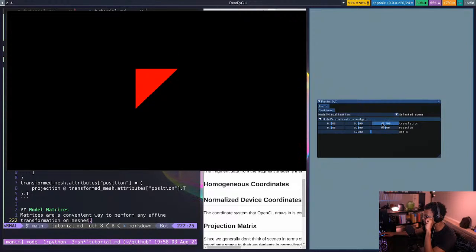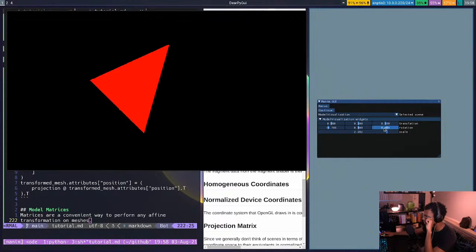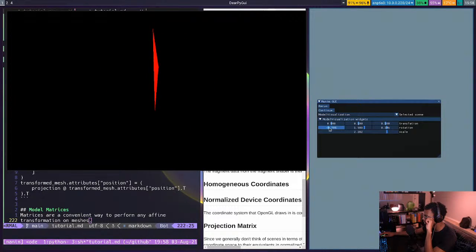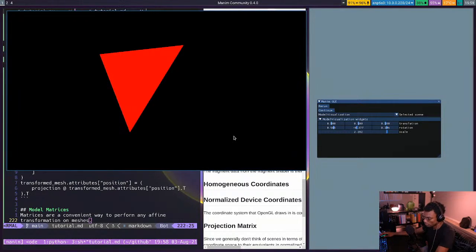I can't put it back exactly. You see that translation doesn't seem to do anything. Z rotation, X rotation, and it disappeared. Y rotation, etc. Coolio. Wait. Okay.